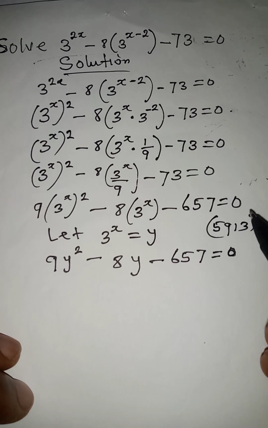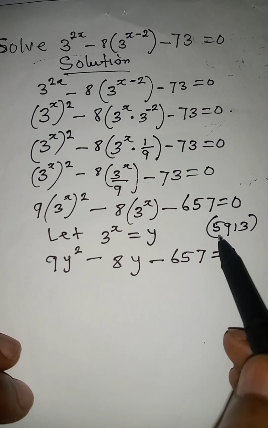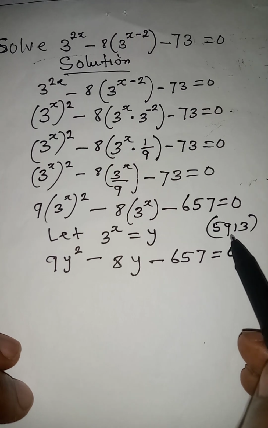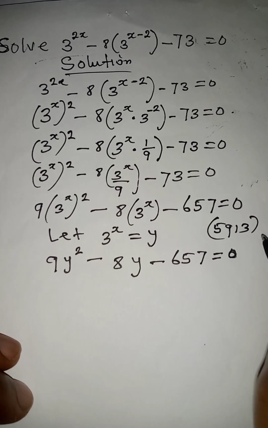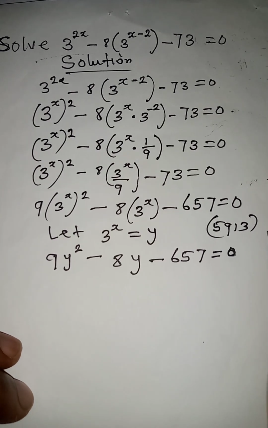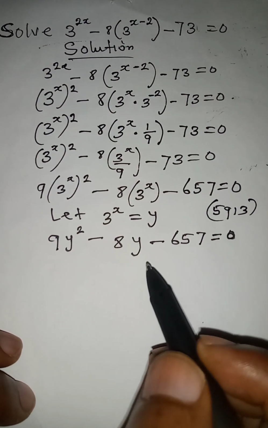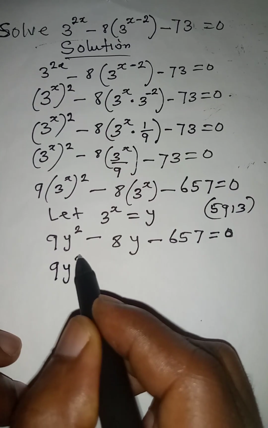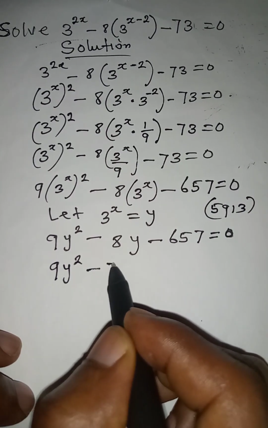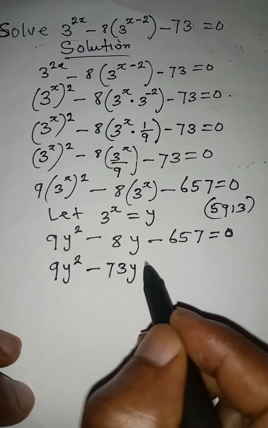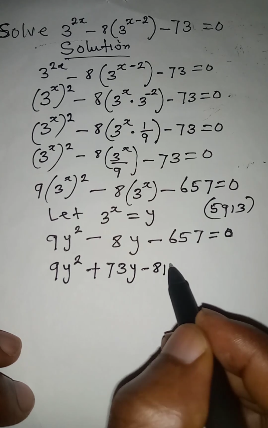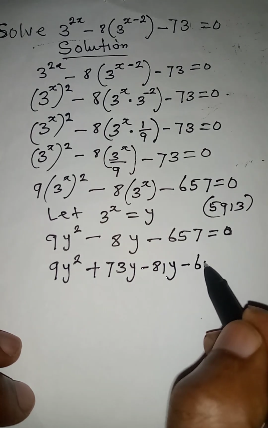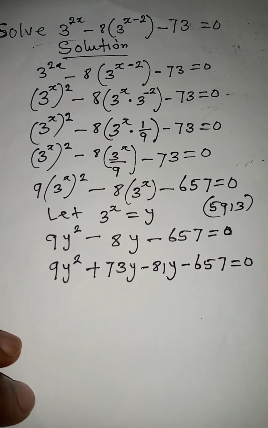So the next question will be, what two numbers do you multiply to have 5913, and that you will add the two of them to have minus 8? The two numbers will be 81 and 73, because, okay, let me take another step. Here I'll have 9y squared, then plus 73y minus 81y, then minus 657 is equal to 0.